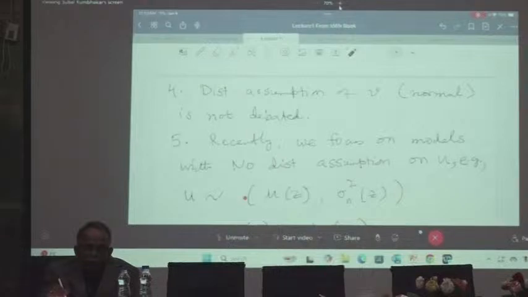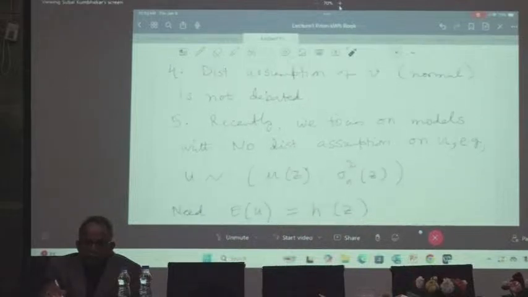So remember, I didn't put N or anything like that. U has some distribution with mean mu, and this is a function of z. So you have to have some determinants, and this z is different from x. Then you can write the expected value of U as a function of z, and let's call it h.